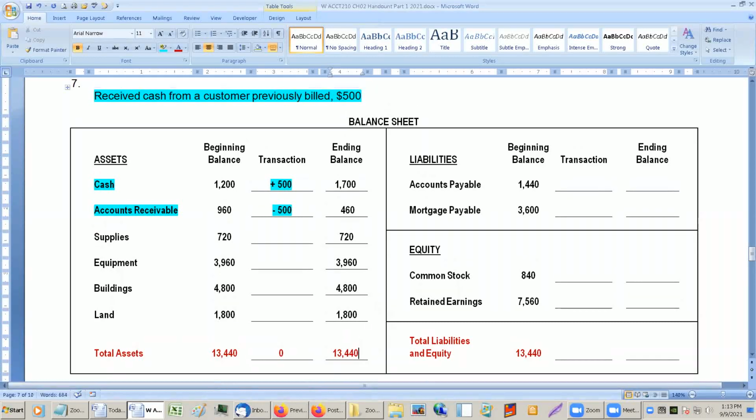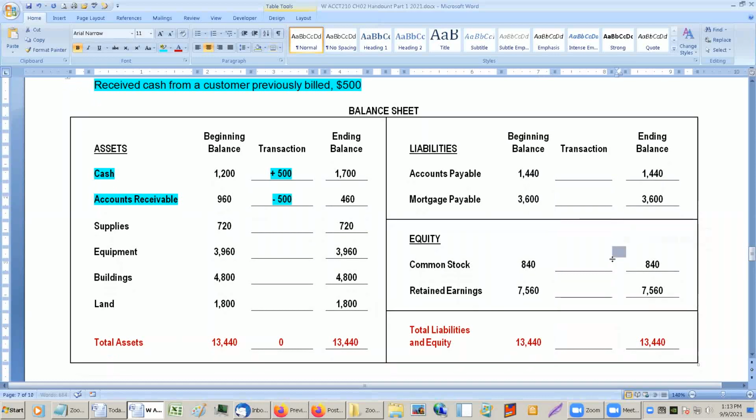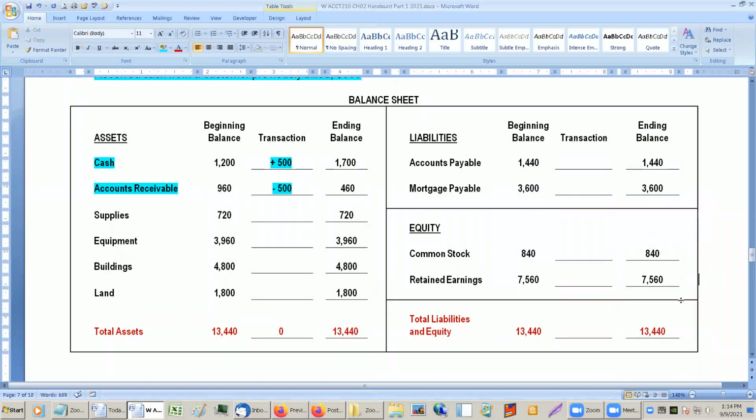And nothing changed over here. So this all happened on the asset side. So the assets didn't change. It's just one asset went up, one asset went down.